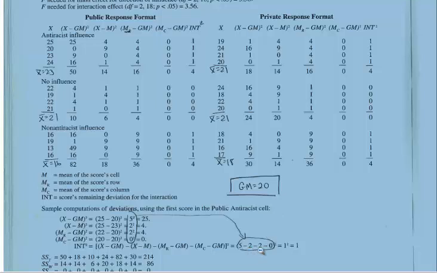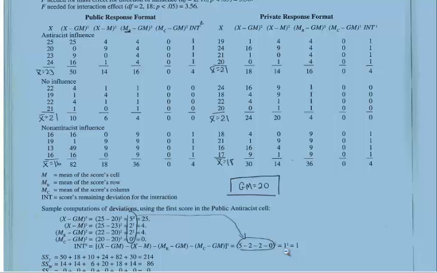This is the deviation between the row means and the grand mean. This is the deviation between the column means and the grand mean. We subtract all of these other deviations from the total deviation for that individual. So it's 5 minus 2 minus 2 minus 0 gives us a 1.